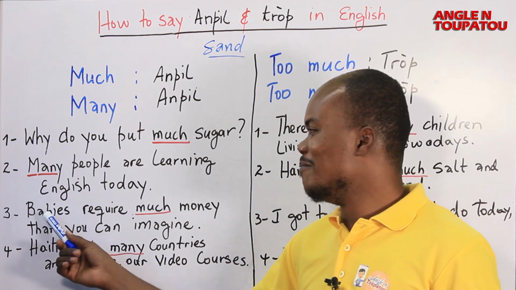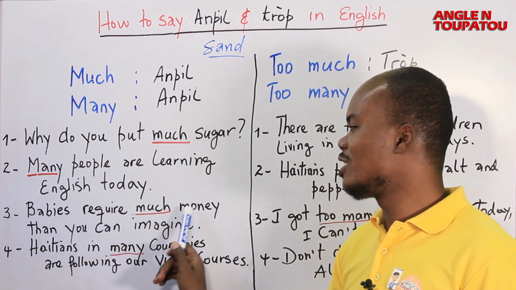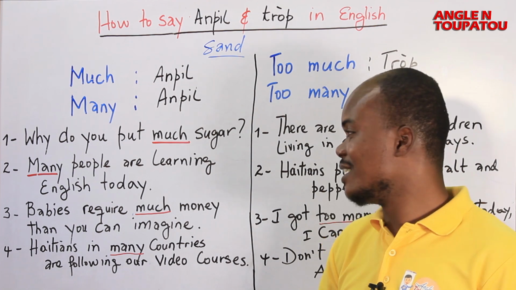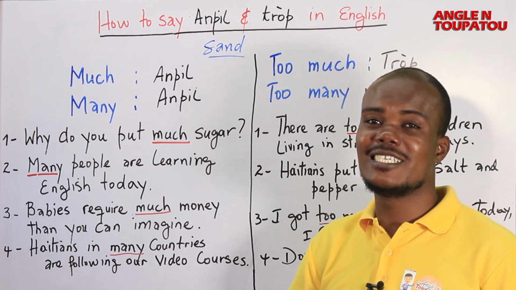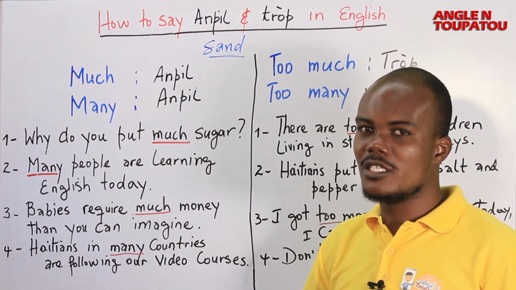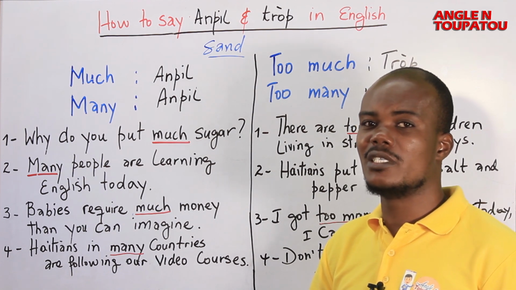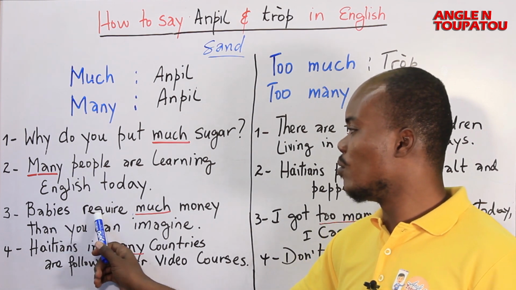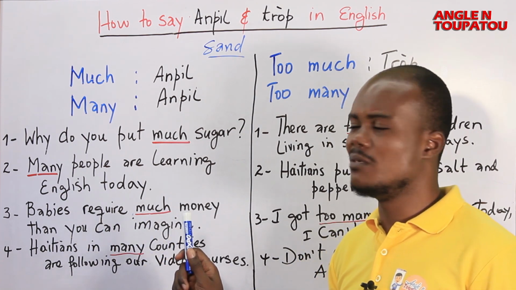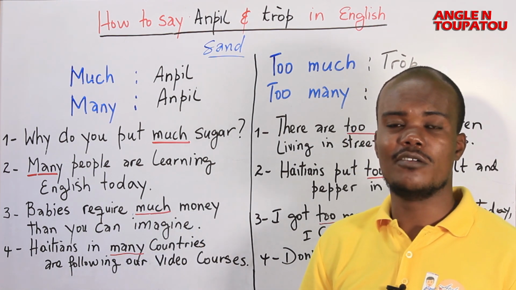Babies require much money than you can imagine. The most important is much money. Why do I say much money? Because I can't count money.